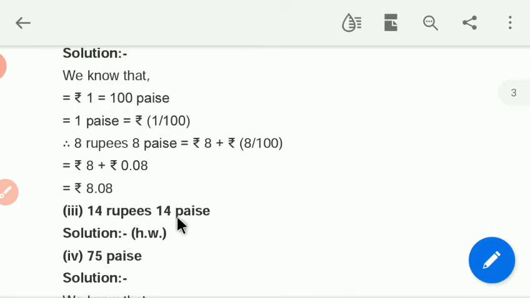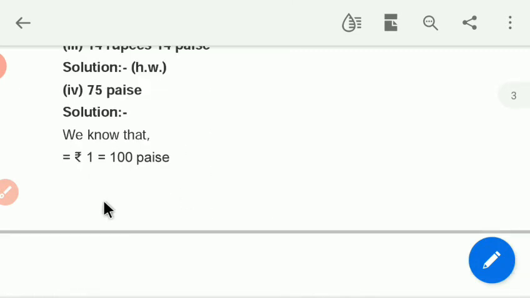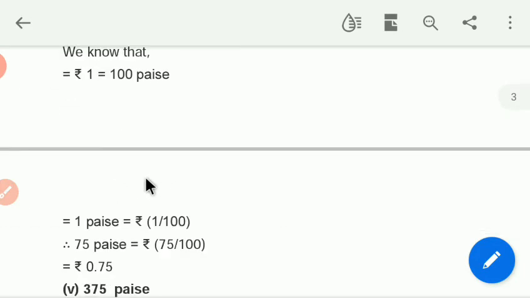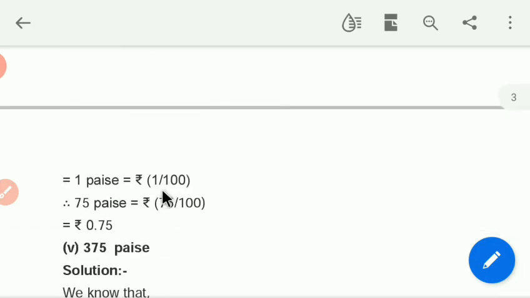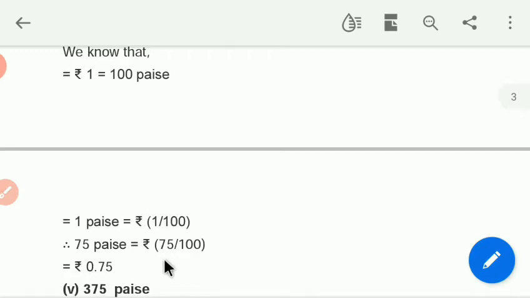Then 14 rupees 14 paise. Same as question number 2, you have to do that one. Then 75 paise. We know 1 rupee is 100 paise, or 1 paise is rupees 1 by 100. So 75 paise. Here you can see that 100 paise is given as 1 rupee. So for 1 paise, we have to find from many to 1. It means we have to divide by 100.